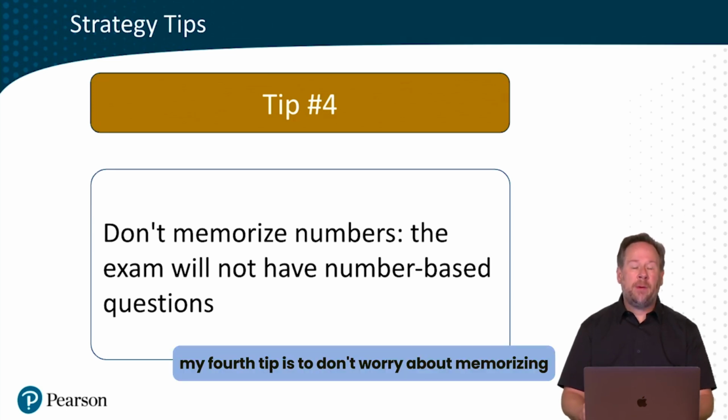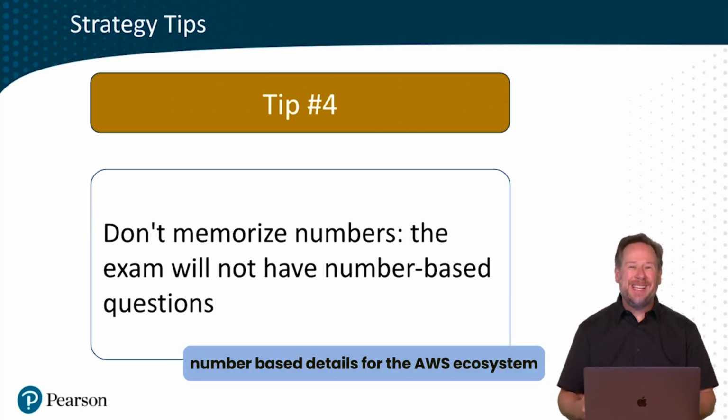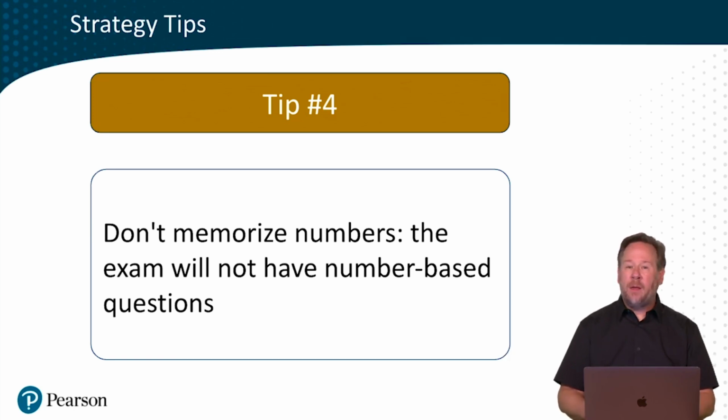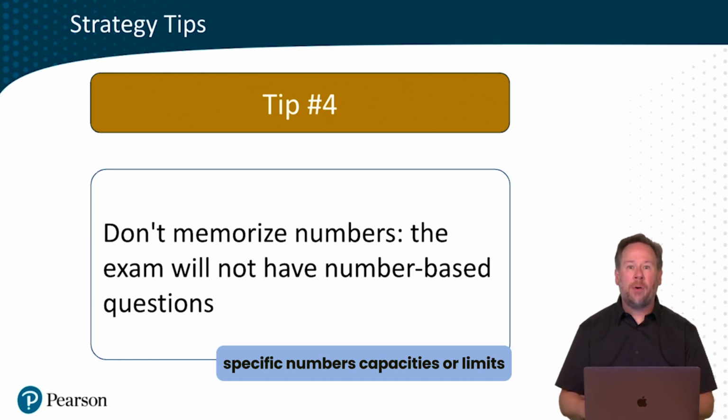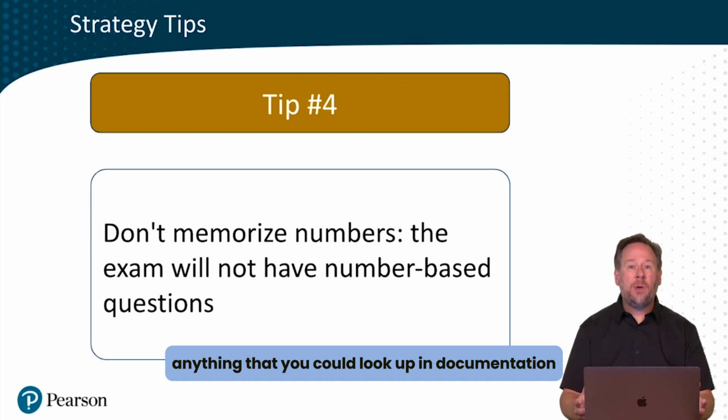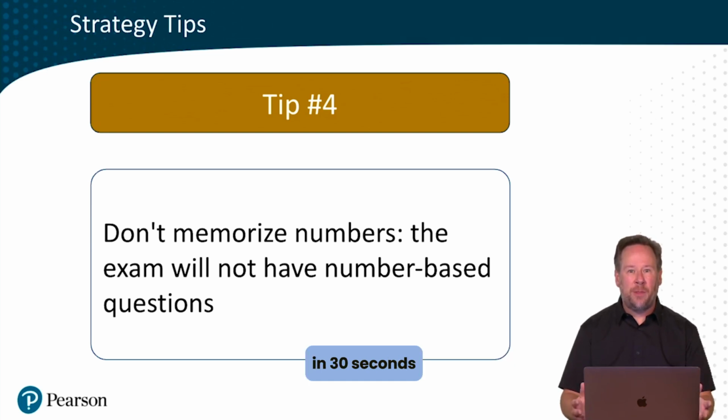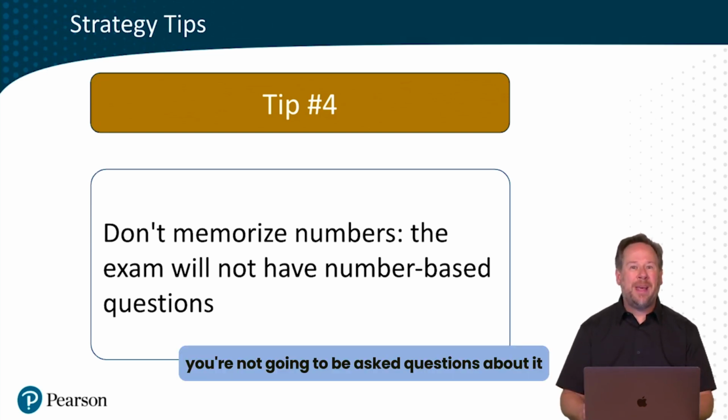My fourth tip is to not worry about memorizing number-based details for the AWS ecosystem. The exam's not going to ask you questions based on specific numbers, capacities, or limits. Anything that you could look up in documentation in 30 seconds, you're not going to be asked questions about.